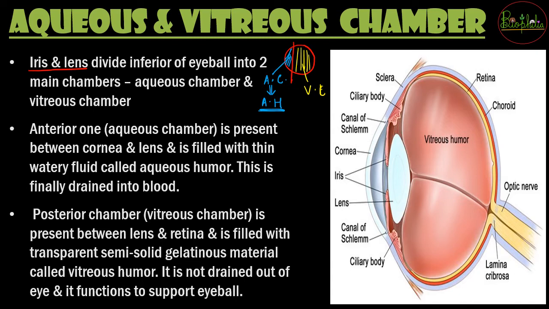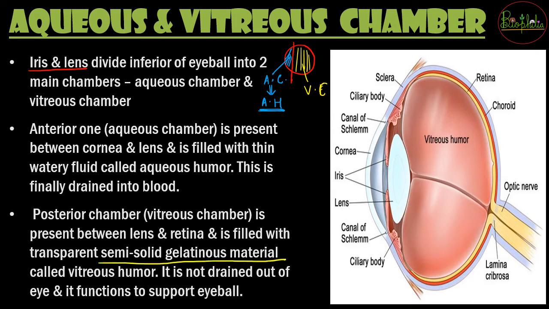How will the circulation occur? The new aqueous humor will be secreted and it will be drained into the blood. But the posterior chamber, that is the vitreous chamber, the part between the lens and the retina, is going to be filled with a transparent semi-solid gelatinous material.